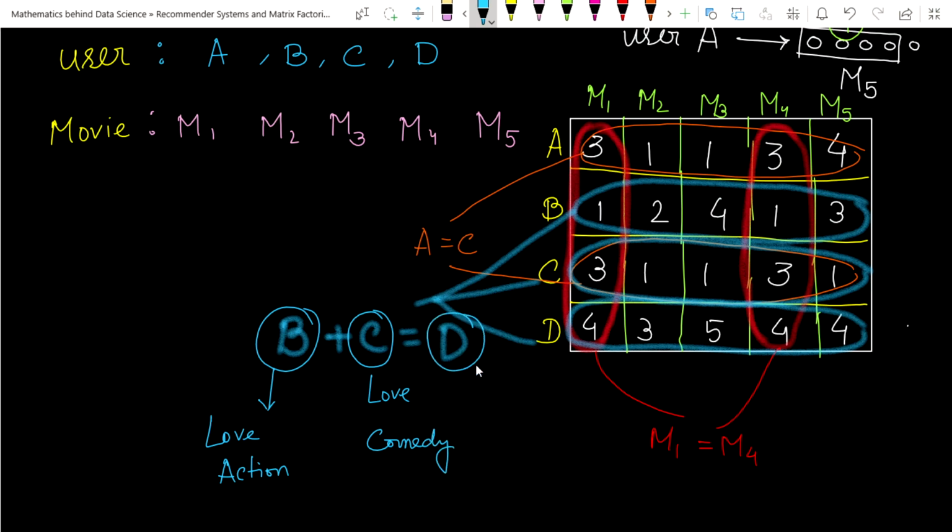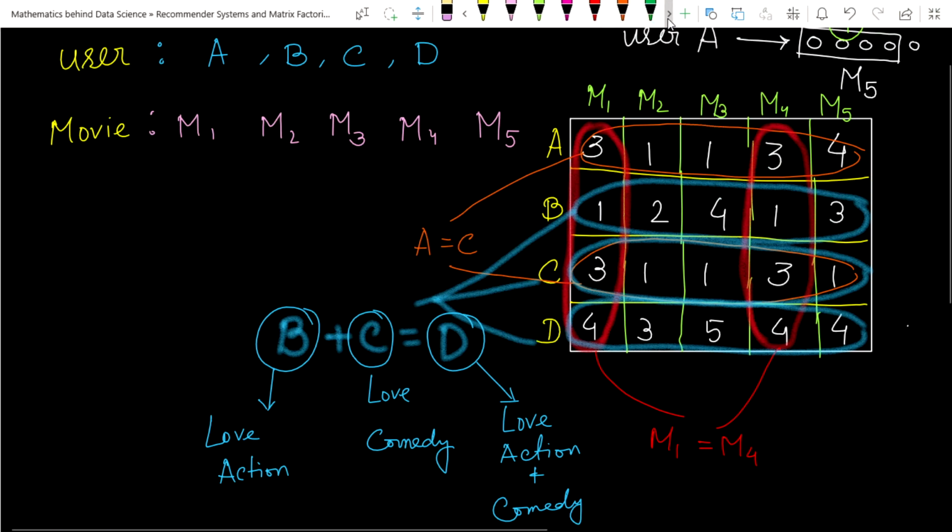That means D loves action and comedy movies. That is the actual meaning of these three rows. Okay, now let's look from a different angle.